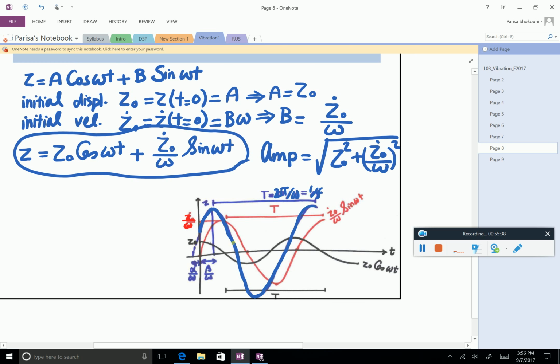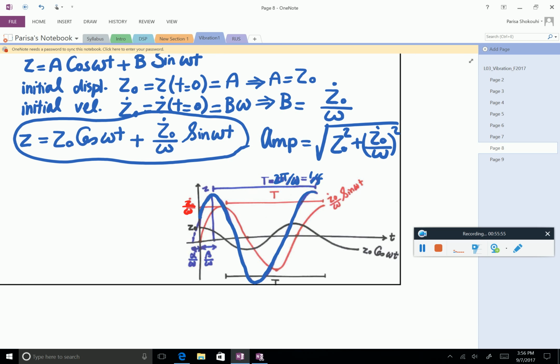Now the red is the sinusoidal part, and the black curve is the cosine term. And so omega, so what you see here is that this is periodic.